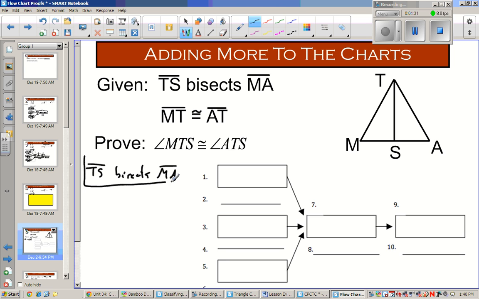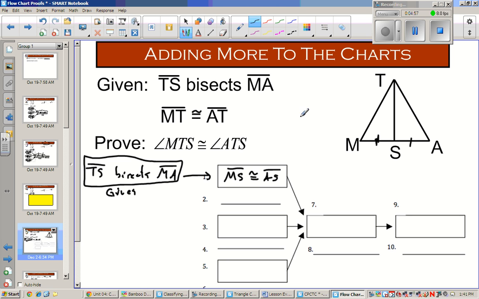And that's our given piece of information. Now based on that, what can I show? Well, if TS bisects MA, it cuts that right in half. That's saying that MS is going to be congruent to AS.